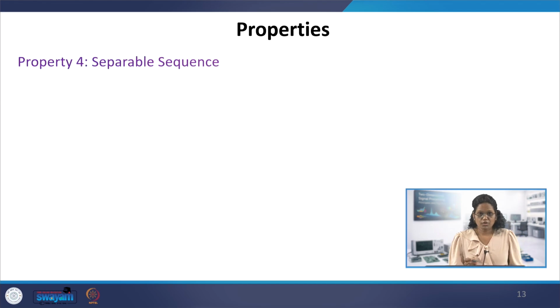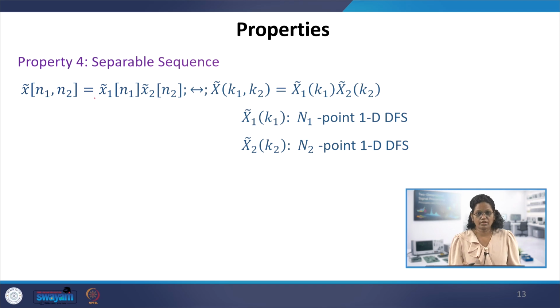Now coming to the next property, that is a separable sequence. For the separable sequence, we have already done quite a lot of the convolution operation, and we'll also do the DFT, how we can simplify the 2D DFT into 1D DFT. So here x tilde could be written as the product of two sequences, that is of n1 and n2. If that is the case, taking the Fourier series would result in x tilde of (k1,k2) and its individual sequences.